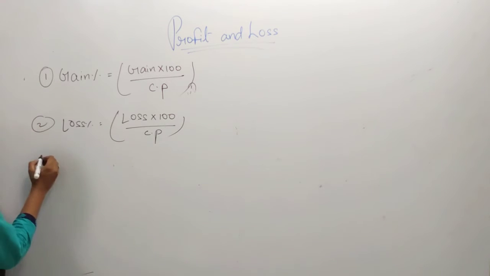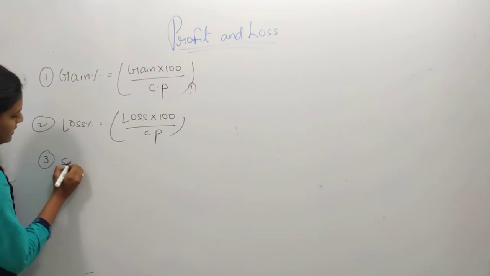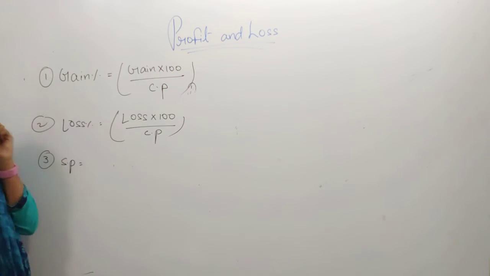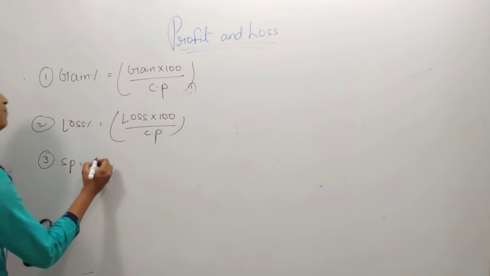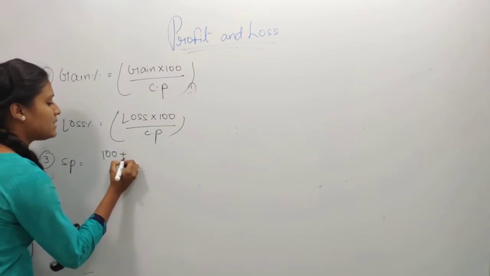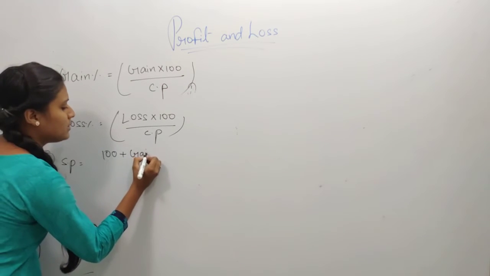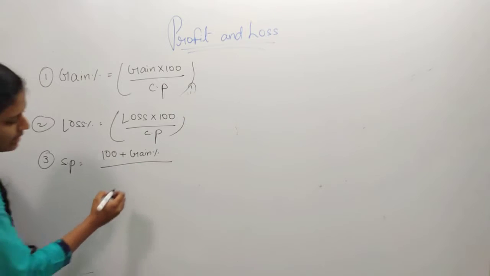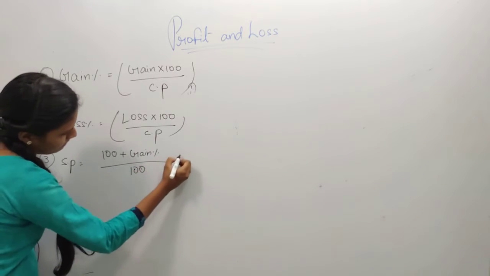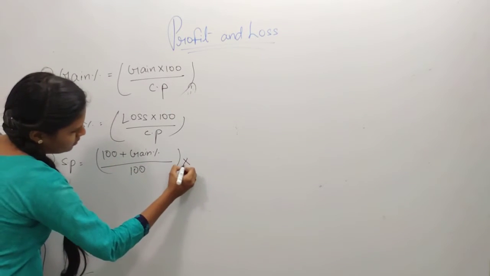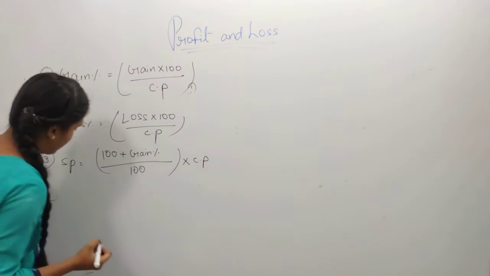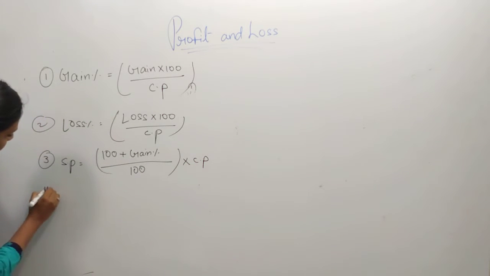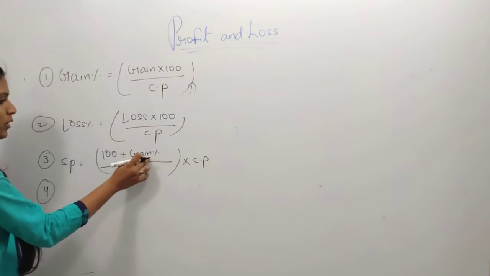Then SP, third formula, what? SP, selling price. What is the formula? 100 plus gain percent by 100 into CP, cost price. And in the same way, this one we wrote gain percent.